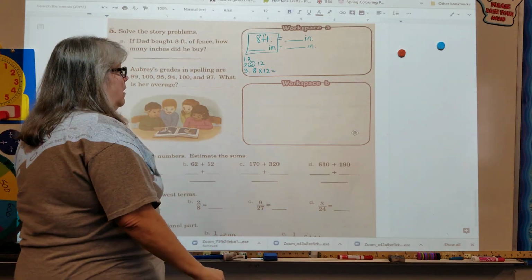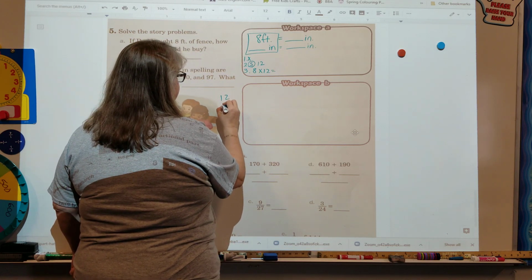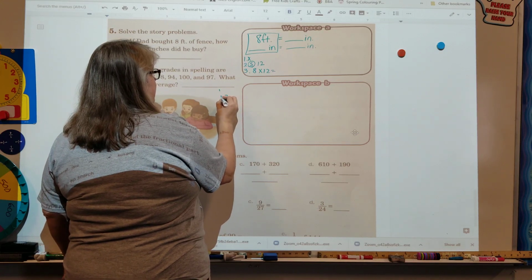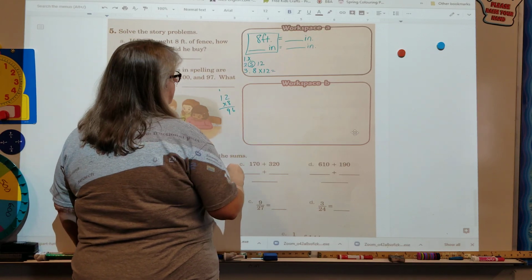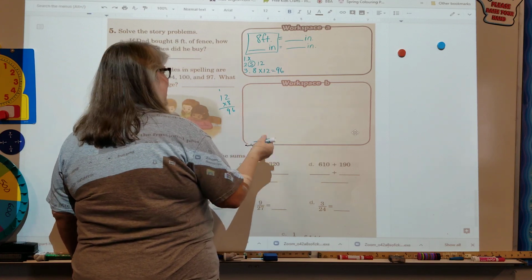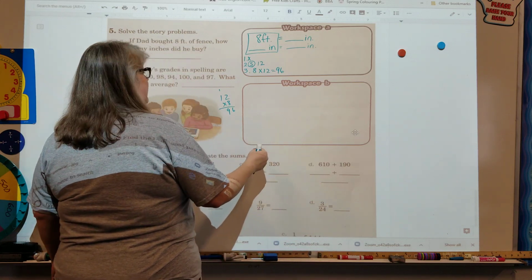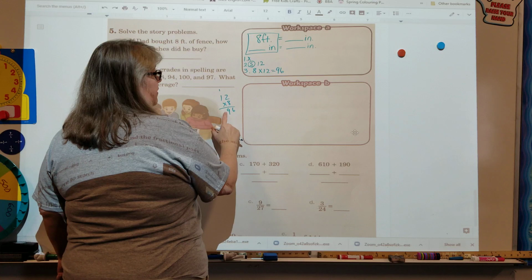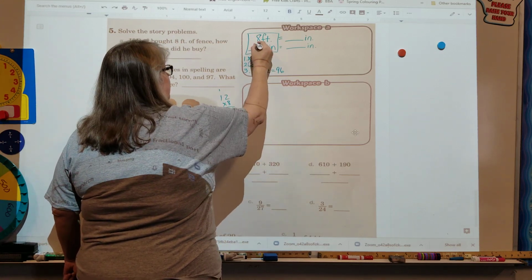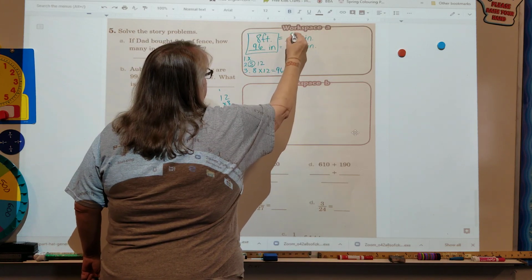It's kind of new, but if you forgot, you could actually stack it and say 8 times 2 is 16, and 8 times 1 is 8, plus 1 is 9, so 96. You could stack it to check it. If you think it's 86, or 84, or 96, and you're not quite sure, stack it like this and multiply it to make sure. So it's 96. We're going to write 96 in the box.